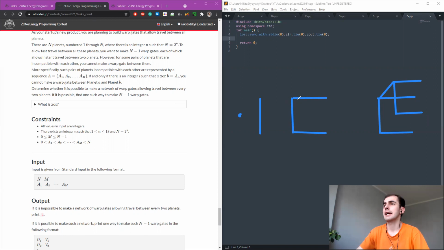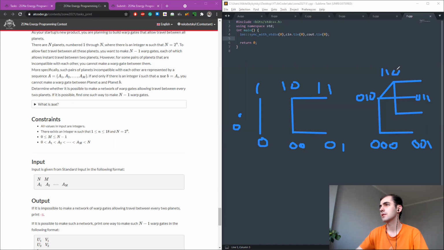Yeah, actually, let's say this was 00, 01, and here we have 10, 11, and then 000, 001, 010, 011, 100, 101, 110, 111. So typically you would build one edge over such a thing.